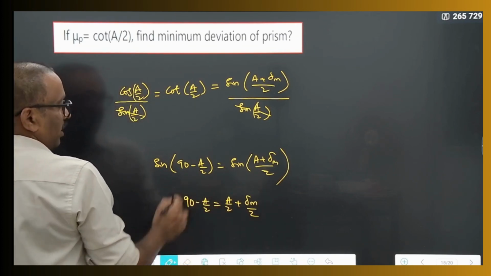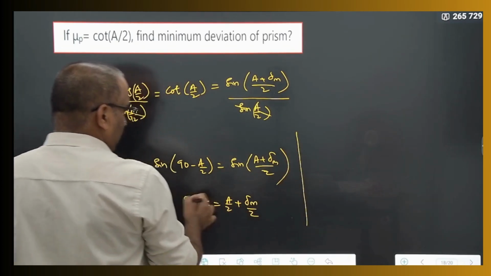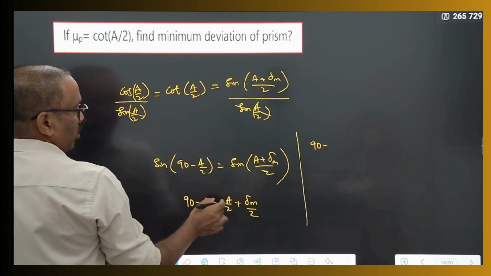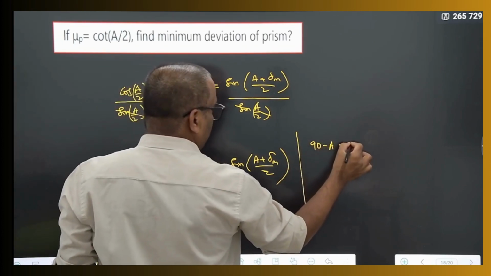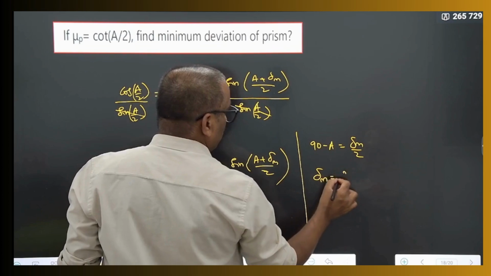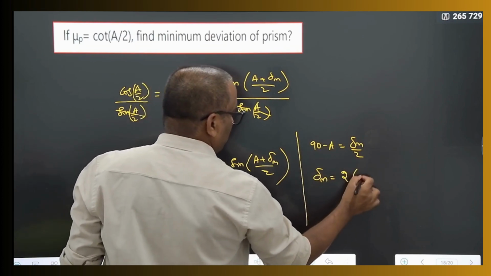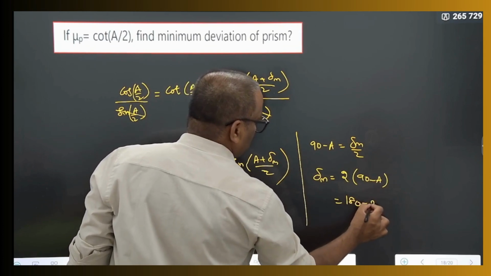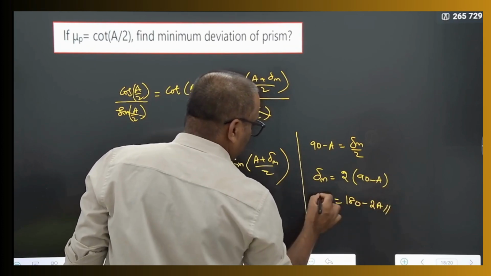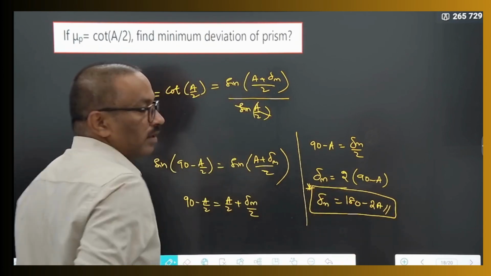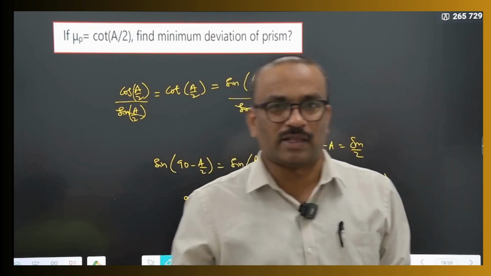So, taking A by 2 across, A means 90 minus A will be equal to delta m by 2. Delta m is equal to 2 times of 90 minus A. Therefore, 180 minus 2A will be your angle of deviation. Clear? Just mathematics.